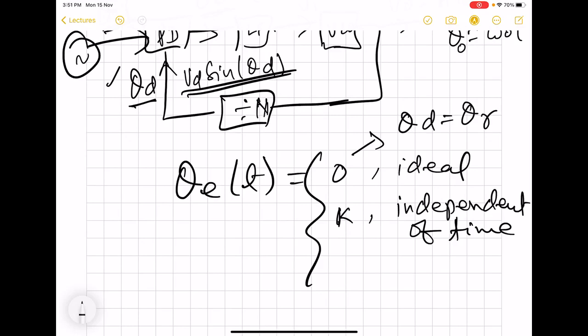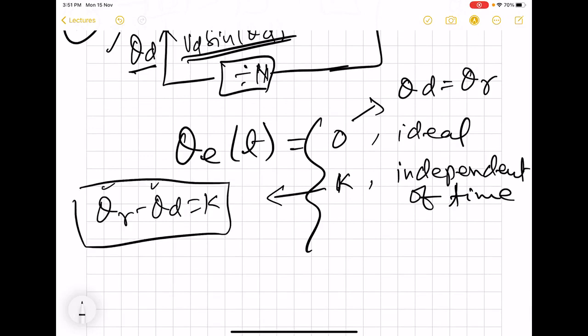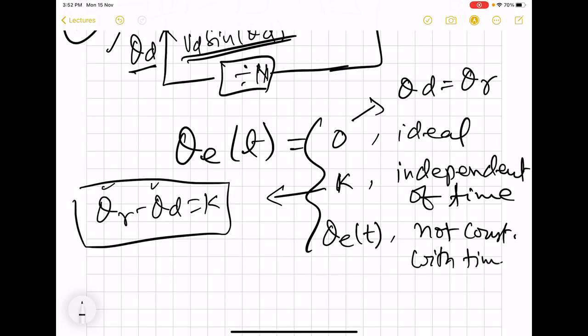The phases of the two signals are equal. And in this case, it is not going to be equal. We will have theta r minus theta d equal to K, and this is going to be independent of time, while these two are going to be dependent on time. So this is the second possibility. Third is that we have theta e, which is dependent upon time, not constant with time. That means varying with time. So these are the three possibilities.